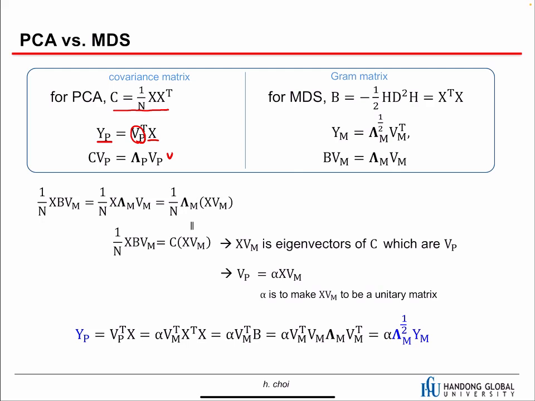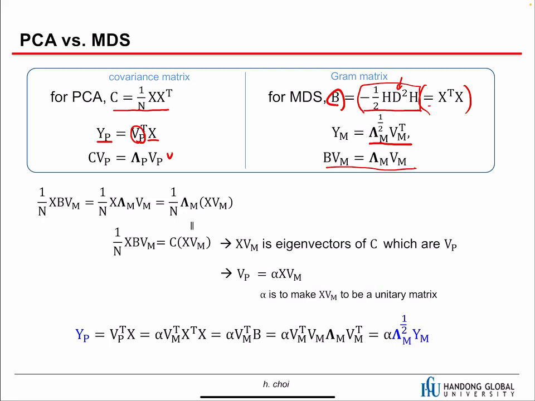In MDS, we have the Gram matrix or inner product matrix. We assume this one: basically the distance matrix is given. From this distance matrix, by multiplying H, we get this matrix B, and we assume that this is actually X transpose X. Then we take the eigendecomposition of this matrix B, and the projection is based on this.